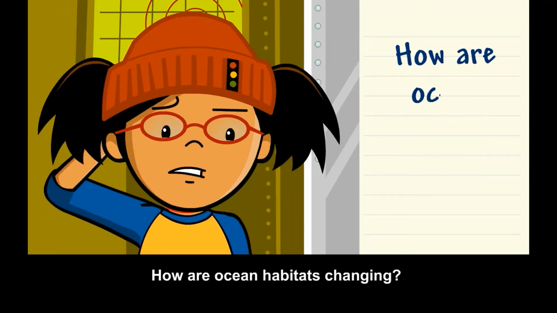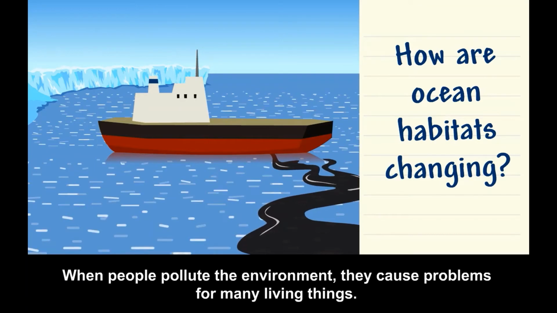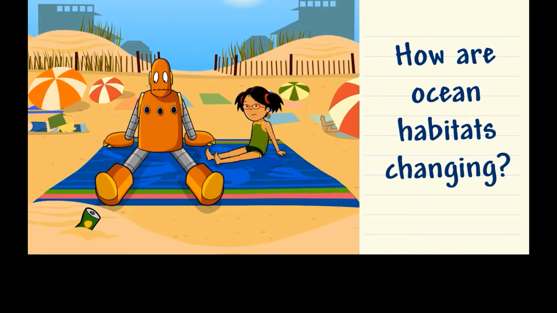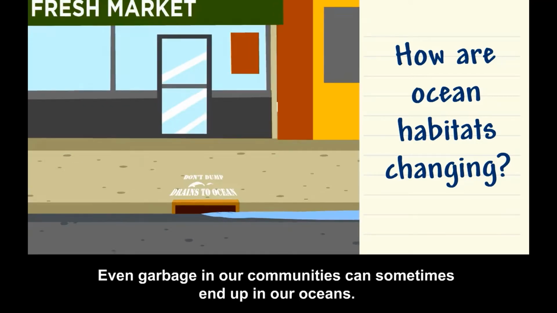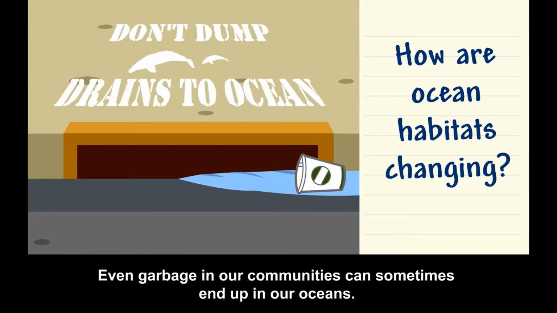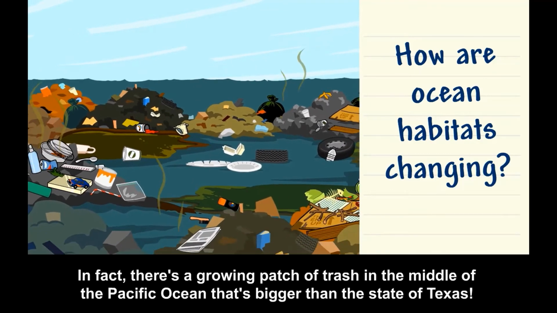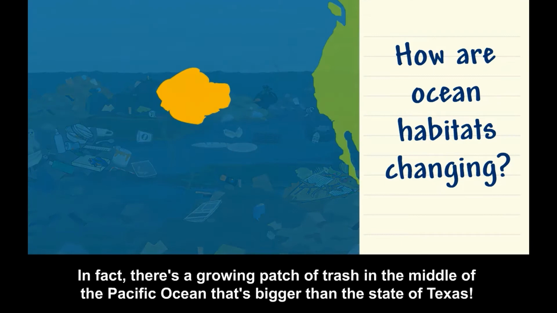How are ocean habitats changing? When people pollute the environment, they cause problems for many living things. Even garbage in our communities can sometimes end up in our oceans. In fact, there's a growing patch of trash in the middle of the Pacific Ocean that's bigger than the state of Texas.